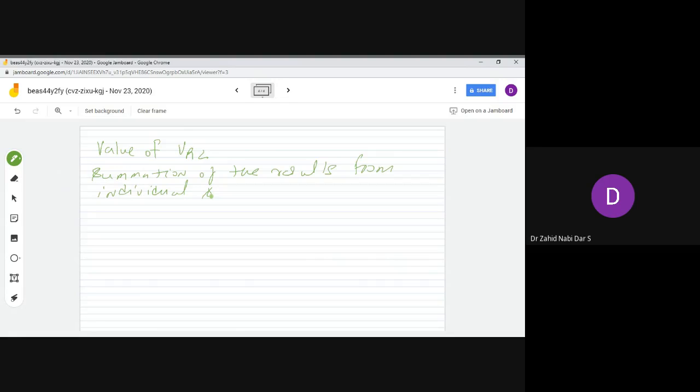So VR2 would be -4 plus 3 plus 12, which comes to 11 volts. This is the value using the superposition theorem. Otherwise you can also calculate using mesh analysis and nodal analysis, but I have used this theorem so that it makes understanding very easy, so that you can learn this.